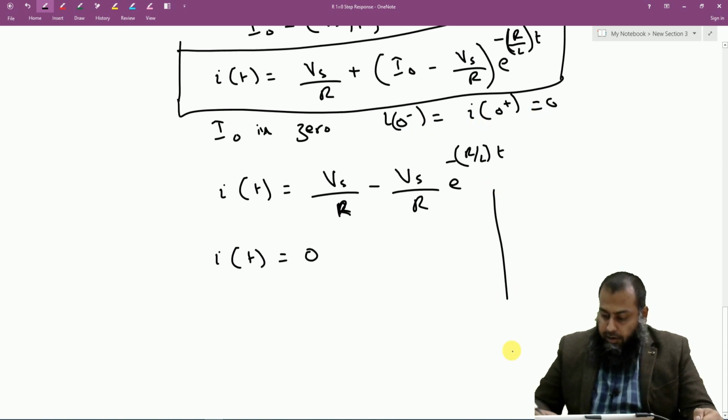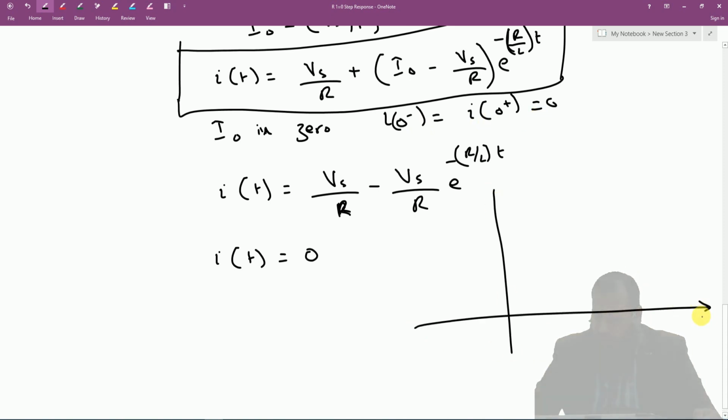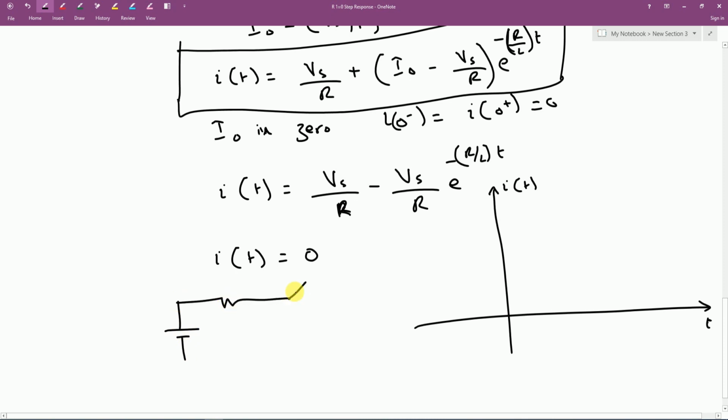So if I plot it against the time instant t, we have i(t) here and time t here, and let me redraw the circuit. We have this particular network. Let us graphically see how things move on as we turn on the switch at time t equal to 0.